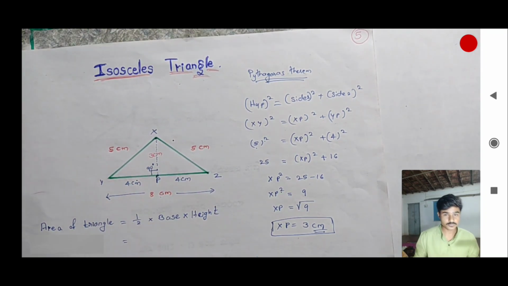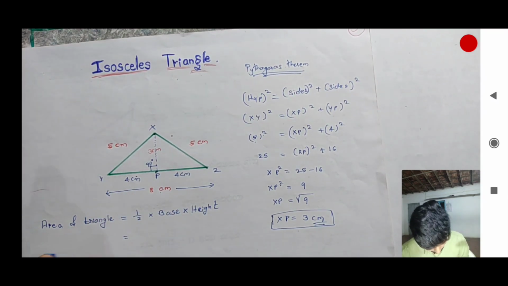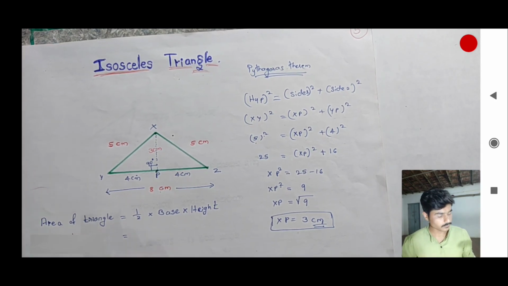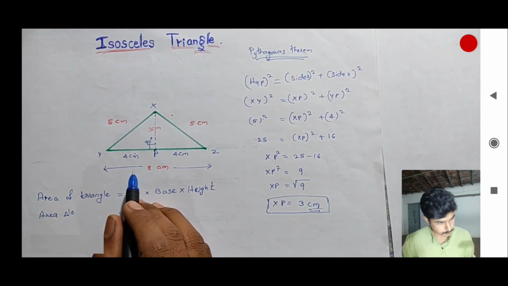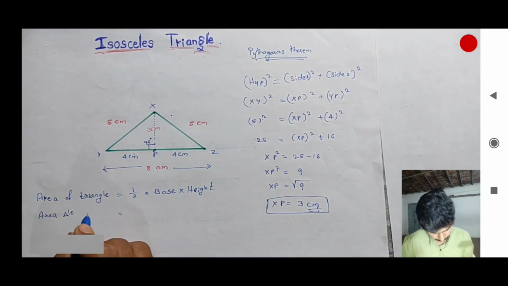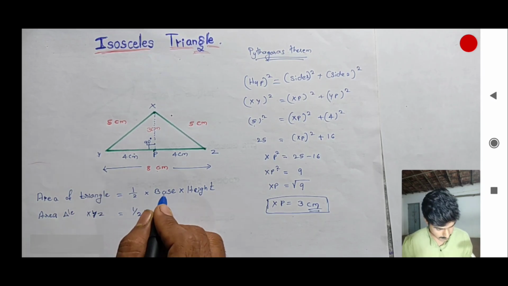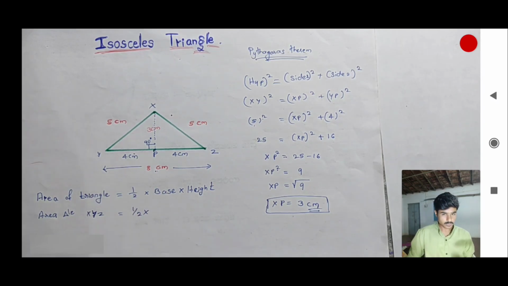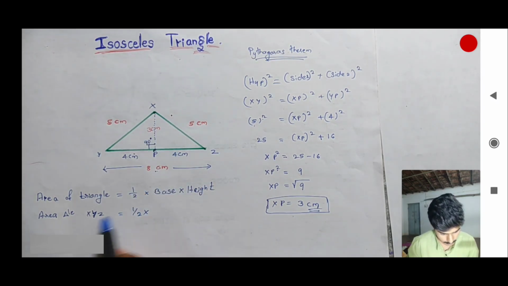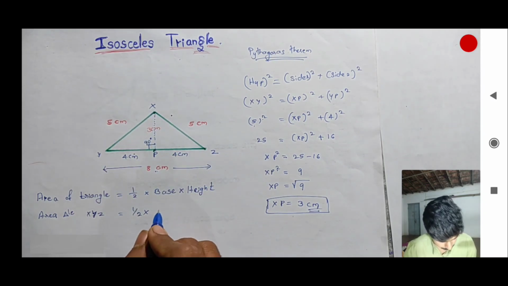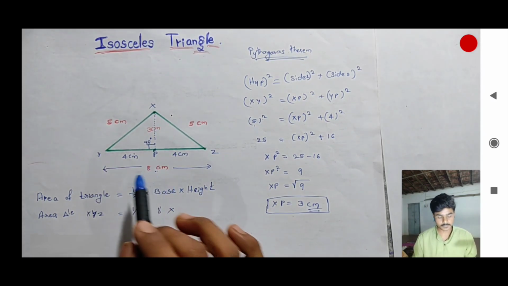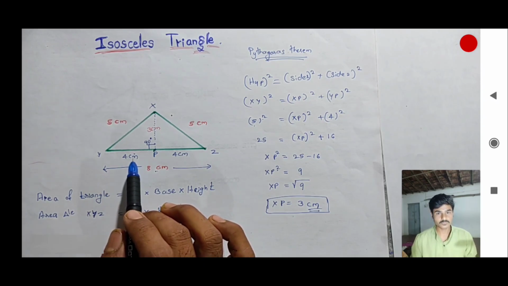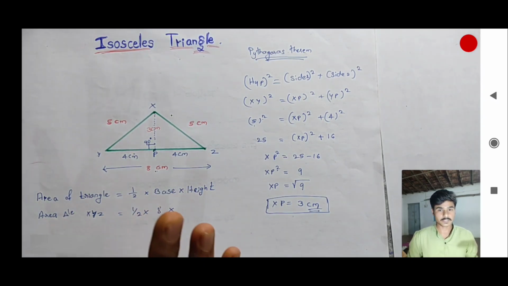So again come to the basic formula of finding area. Area of triangle XYZ will be equal to half into base, which is 8 centimeter. Remember, why 8 centimeter? Because now I am taking the whole triangle. We should not keep this value as 4 centimeter because now we are finding the area of the whole triangle.